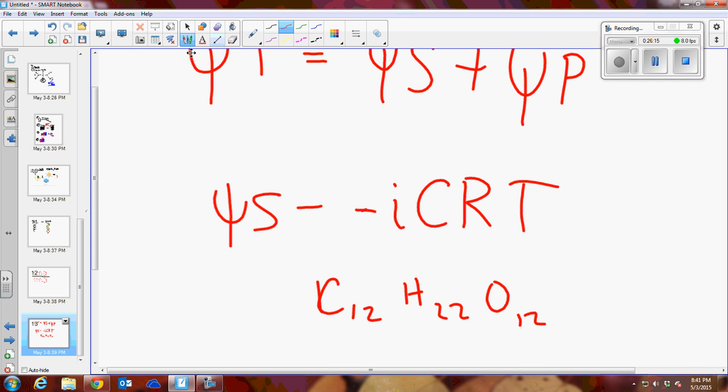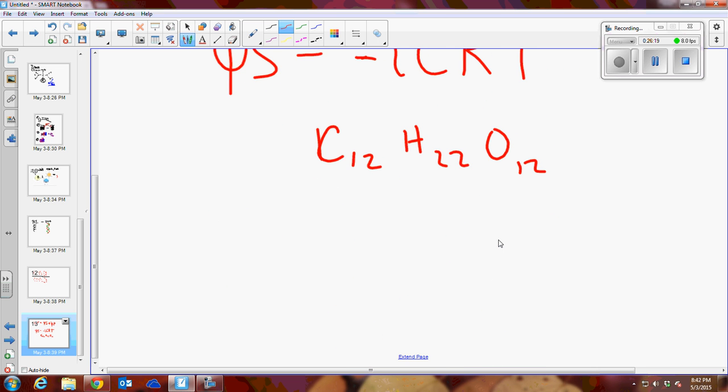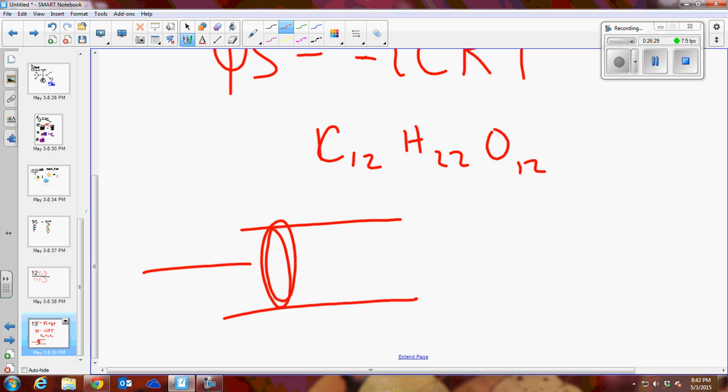The pressure potential, psi p, is going to be negative or positive depending on where the pressure is coming from. A pushing pressure, I've shown you systems like this where you have some sort of plunger or something, and if the arrow's going that way, it's pushing. That is a positive pressure, whereas this would be like a negative pressure, like pulling a plunger.